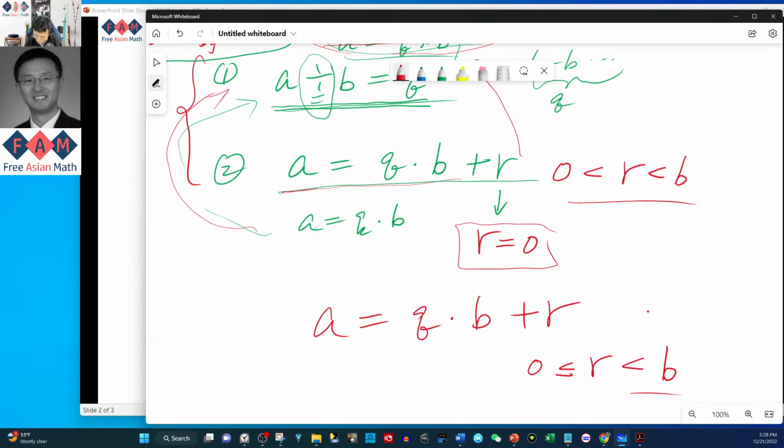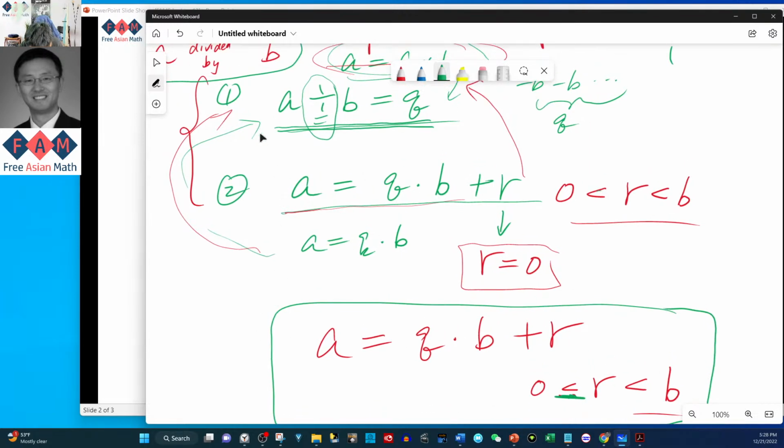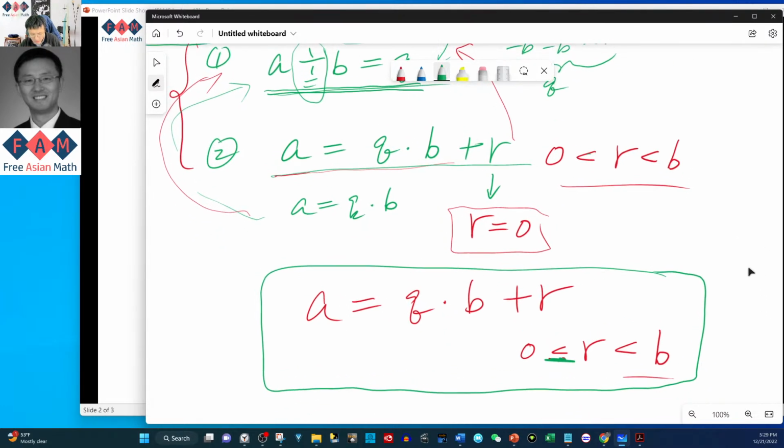So if now we relax this one, to make it clear, we put this into a green color, to notify that this is actually a relaxation of this. So if we have this, then we fold the first case into the second case. In other words, this version of the second case is more general than what we have here.